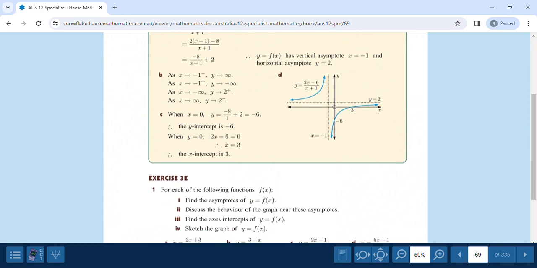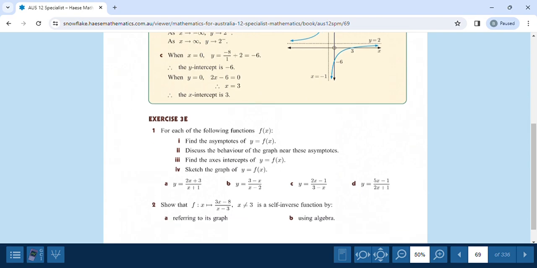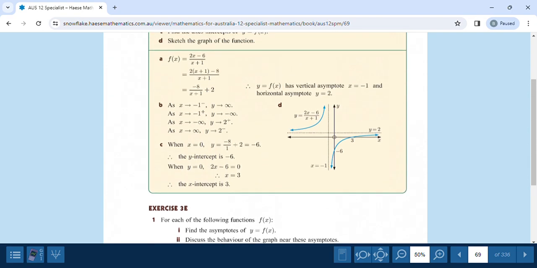And for all of the questions actually in the first part here, you look at where the bottom of the fraction is 0, so that's when x is minus 1, so that'll be an asymptote. And then you look at when x tends towards negative infinity and positive infinity, you look at that to get the horizontal asymptote.